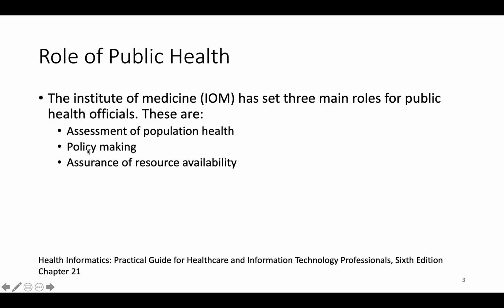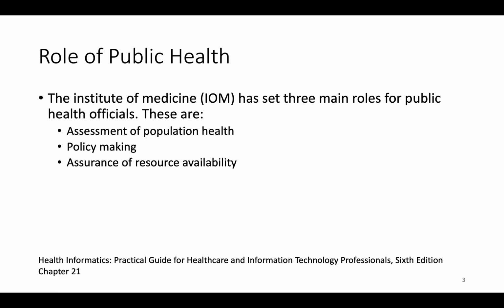Second, you need to make policies in regard to what you have come up with after your assessment. So upon your assessment, you discovered that you have some regions with health issues, so you need to make some policies to deal with these issues. The third role of public health is assurance of resource availability.